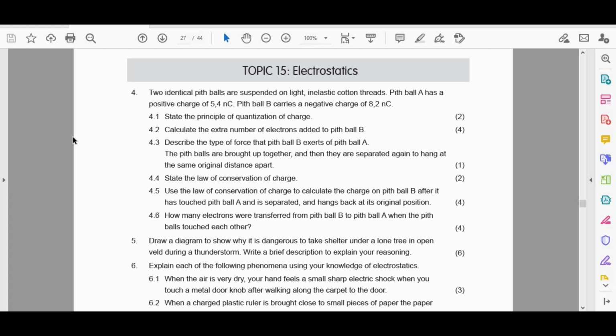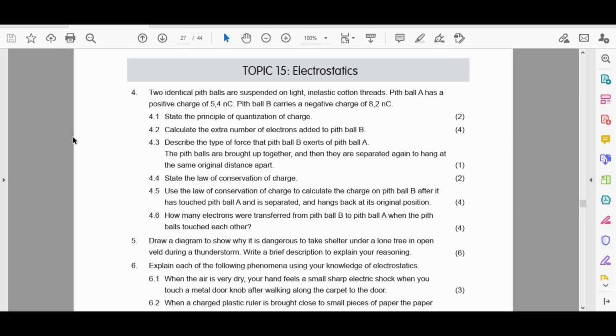Then the pith balls are brought together and then separated again to hang at the same original distance apart. 4.4 says state the law of conservation of charge. And then 4.5 says now use the law to calculate the charge on pith ball B after it has touched pith ball A and been separated.